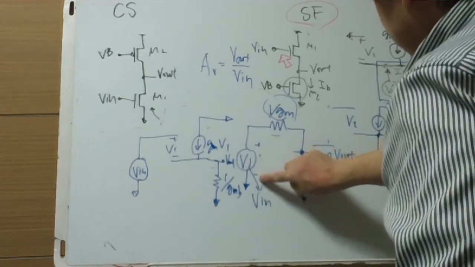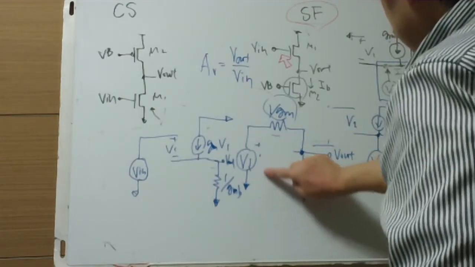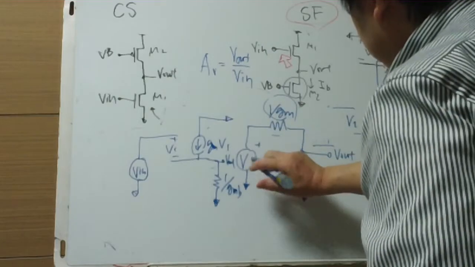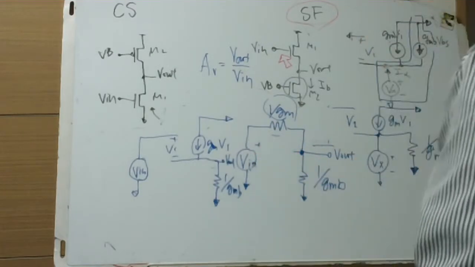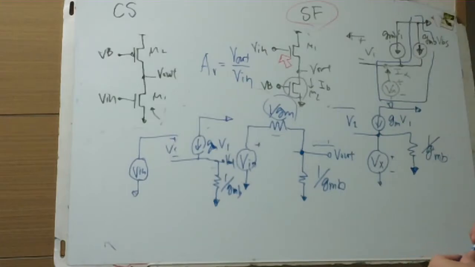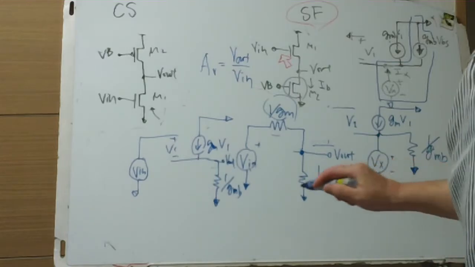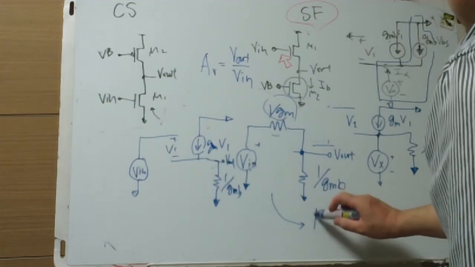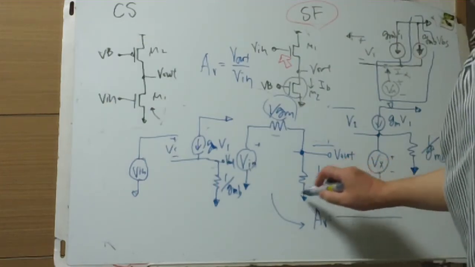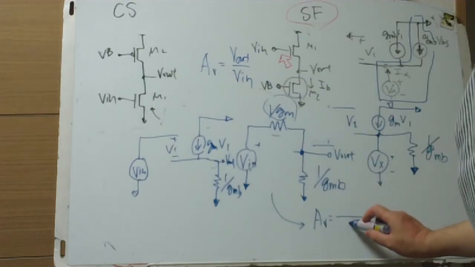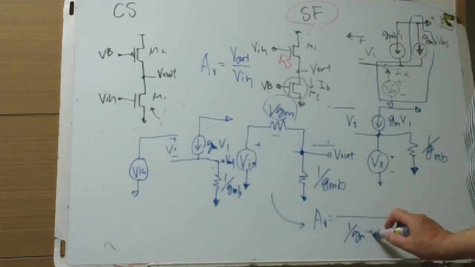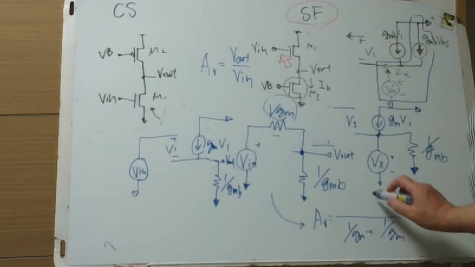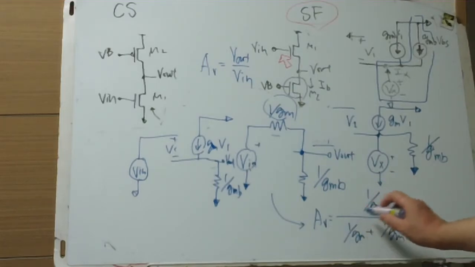Do you know why this can be V in? V1. From this we simply get AV as a voltage divider: 1 over Gm plus 1 over GMB, with 1 over Gm over this.